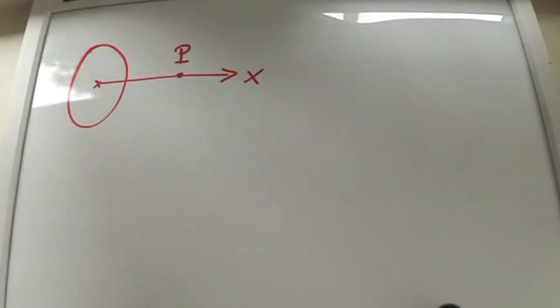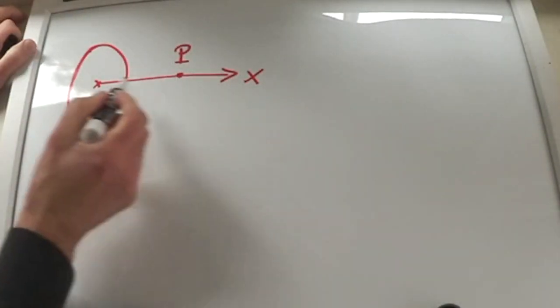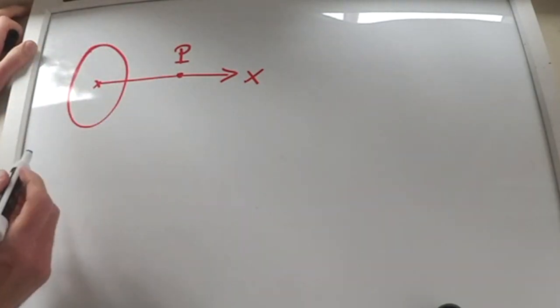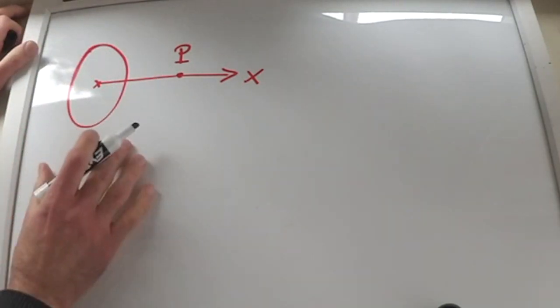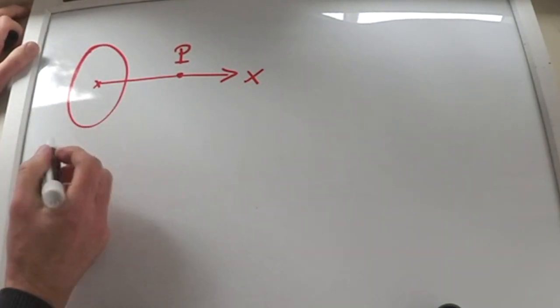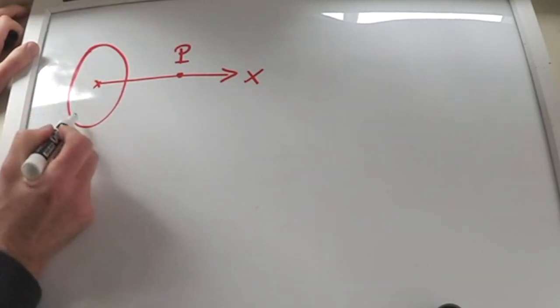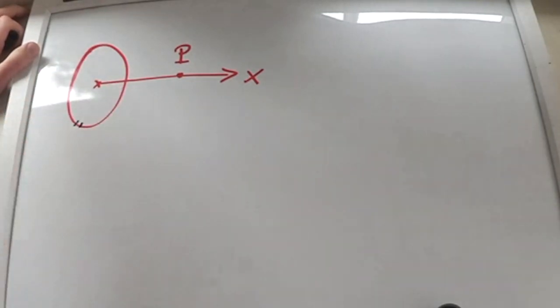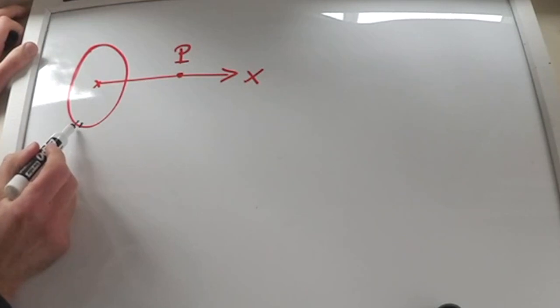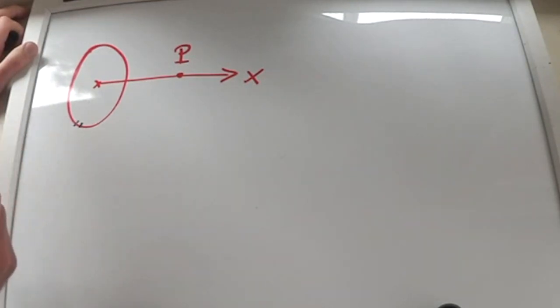So let's calculate the electric field at this point P created by a ring of charge. In order to do that, I'm going to use the definition of electric field, and I will look at a tiny chunk of this ring of charge and calculate first what's the differential of electric field created by that differential of charge.